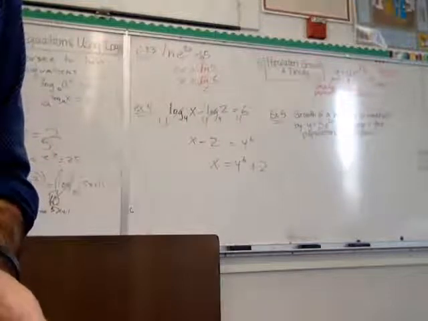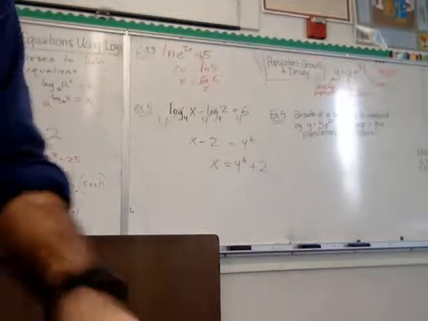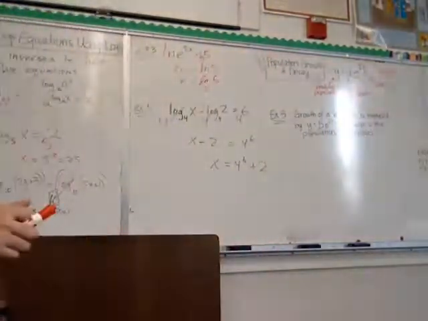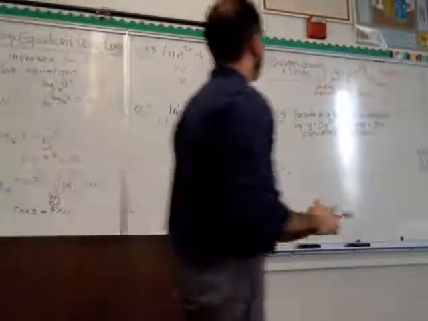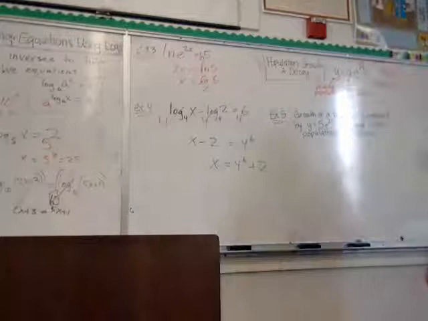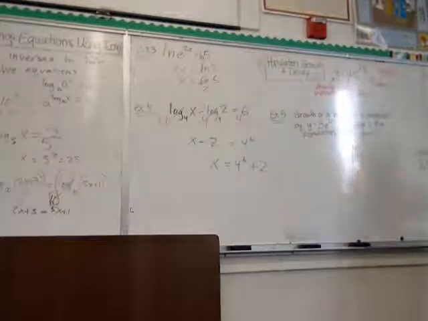Oh, got it. How large is the population in 6 hours? We're going to take time in hours here. So assume that the units for time are hours. Go ahead and plug that in.